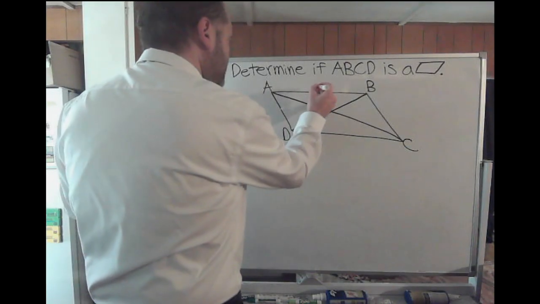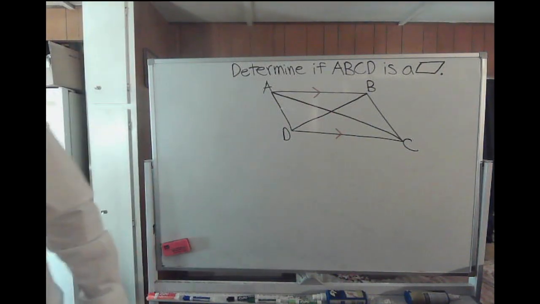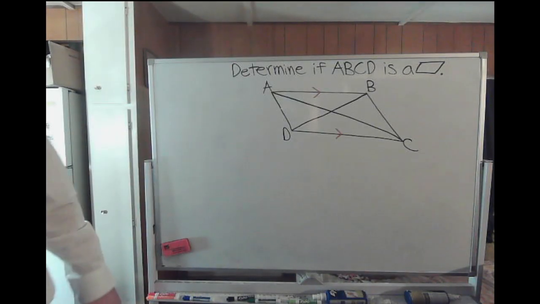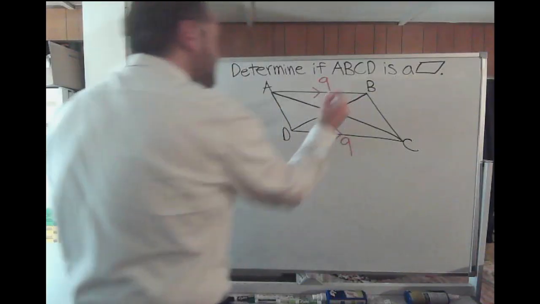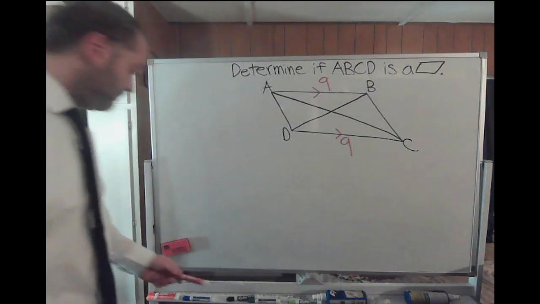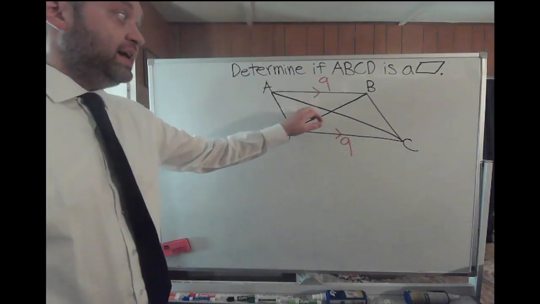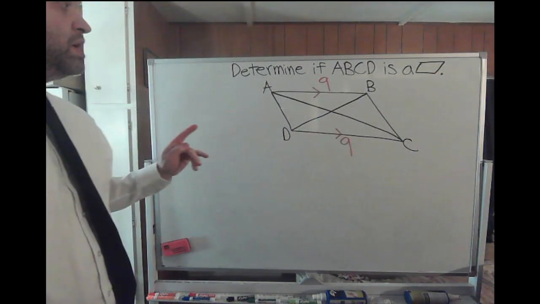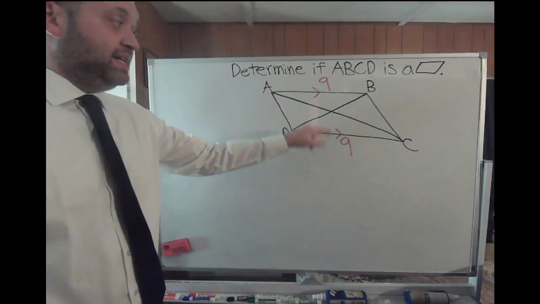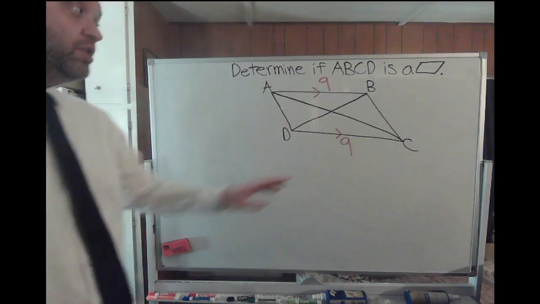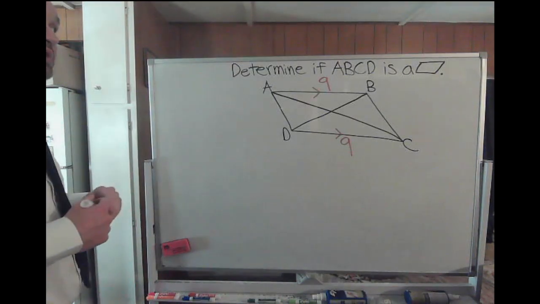We are given that this side is parallel to this side. This side has length 9, this side has length 9, and that's all we're given. So here we have quadrilateral ABCD with diagonals. Well, side AB is parallel to side CD, and both of these sides are congruent. Is that enough to determine if this quadrilateral is a parallelogram?